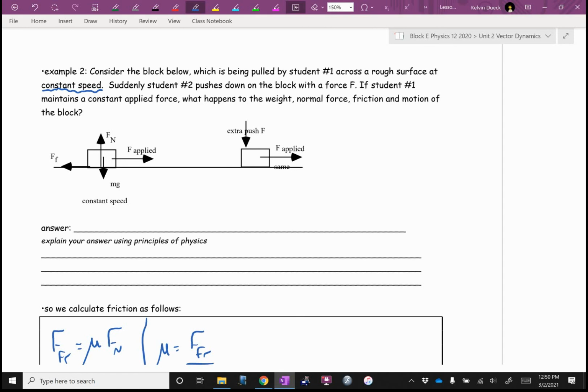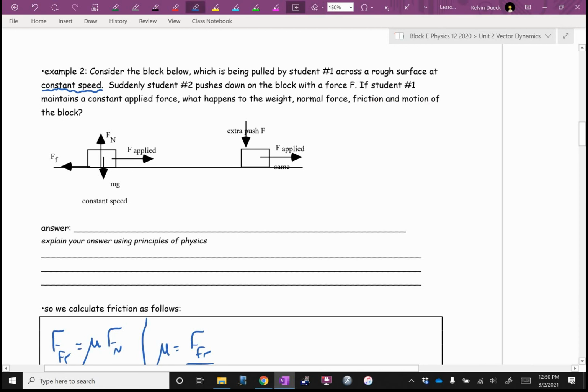Okay? So let's say that Matt is pulling one of the benches across the gym at a constant speed, and then suddenly Davis decides he's going to sit on the bench while you're pulling it. What happens to the weight, the normal force, friction, and the motion of the bench?